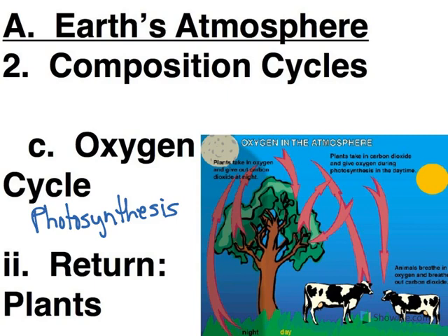So plants, through the process of photosynthesis, release oxygen into our atmosphere, and that's the original source for oxygen in our atmosphere. Because plants take in carbon dioxide, which has oxygen in it, they use the carbon, but give off the oxygen.